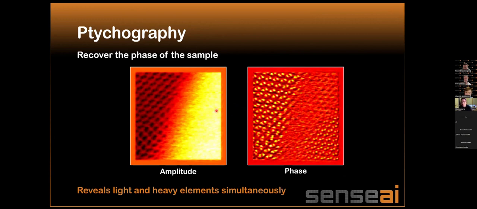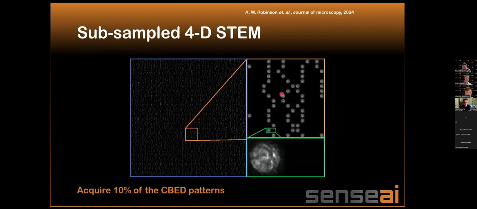So we can see in the modulus here, you see up here is very dense material on the left, very light material on the right. In this case, cadmium telluride, in this case, silicon. But we can get the resolution for both within that one acquisition, revealing both the light and heavy elements.